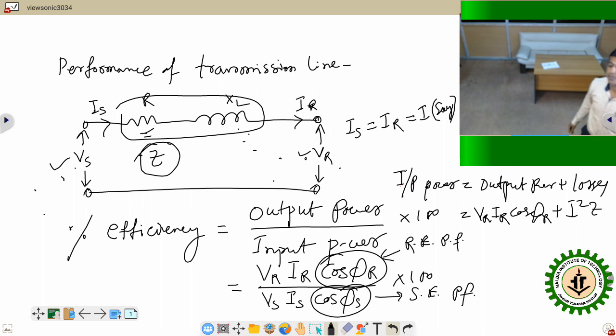Now one question can come in your mind. In our transmission line, basically all transmission lines are 3-phase, but here I have drawn a single resistance, single inductance. How do we do this?